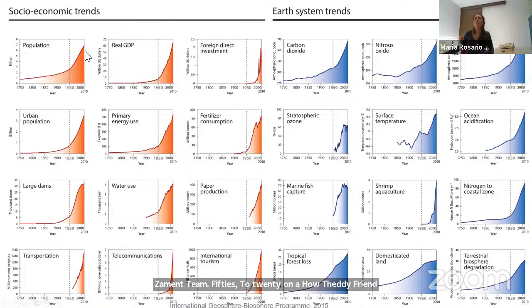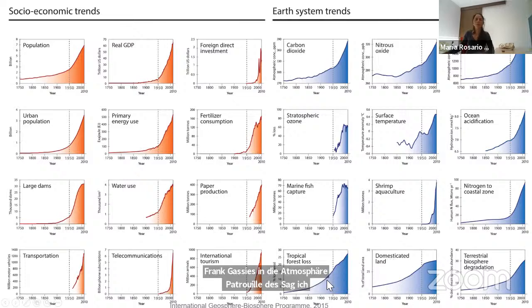For example, we observe that population and urban population, the use of primary energy, of water, and transportation have been increasing exponentially, but not only the socioeconomic trends, also the Earth system trends, so more indicators on the environmental aspect, like the concentration of carbon dioxide, nitrous oxide, methane, so different gases in the atmosphere, but also the surface temperature, the loss of tropical forests, and the amount of domesticated land have been increasing.